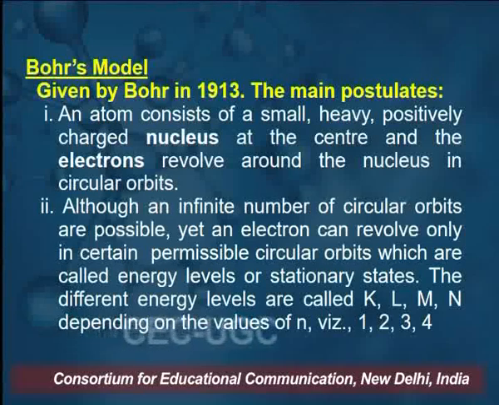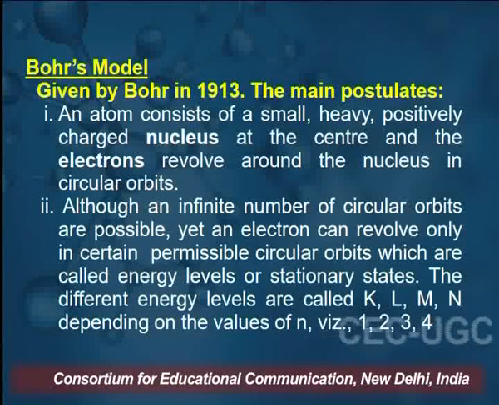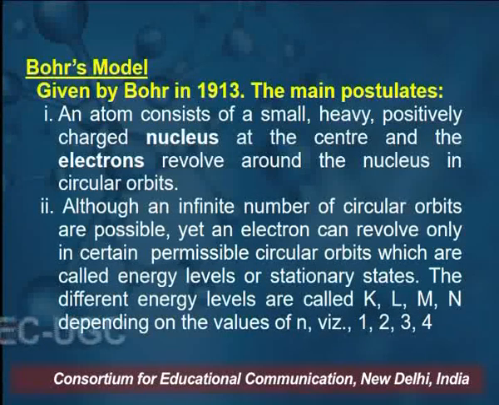Now, although an infinite number of circular orbits are possible, yet an electron can revolve only in certain permissible circular orbits, which are called energy levels or stationary states. The different energy levels are labeled as K, L, M, N depending on the values 1, 2, 3, 4 and so on.